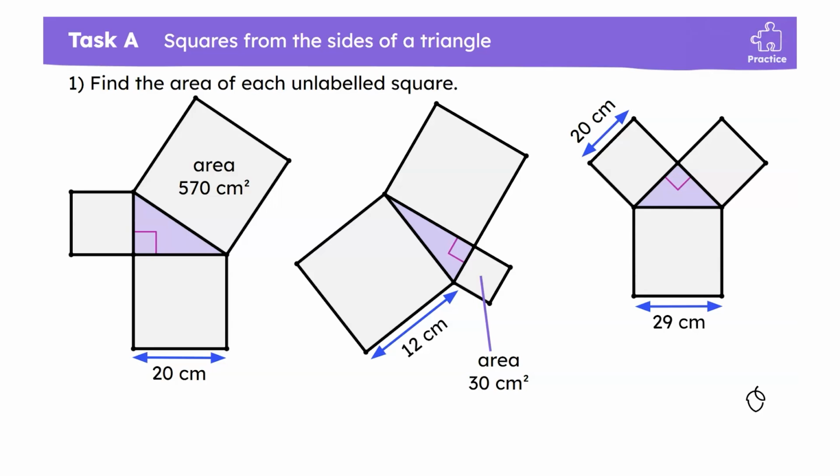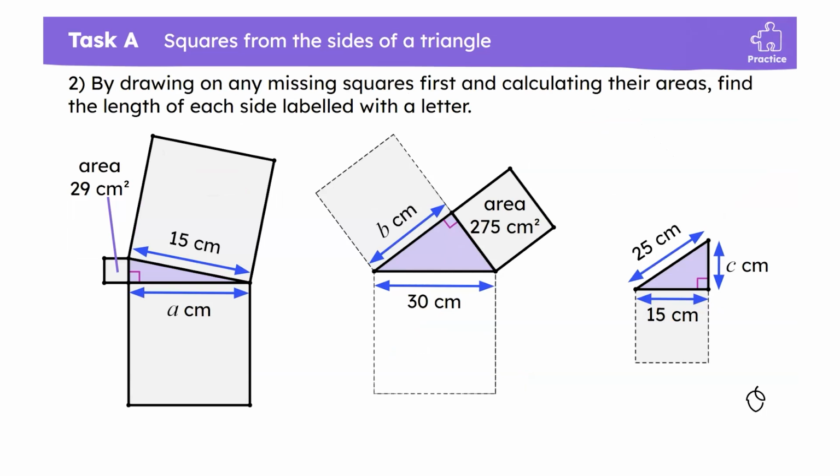For question 1, find the area of every unlabelled square. Pause now to do this. And for question 2, by drawing on any missing squares first and finding the areas of any square that doesn't have its area already labelled, find the length of each side that is labelled with a letter.